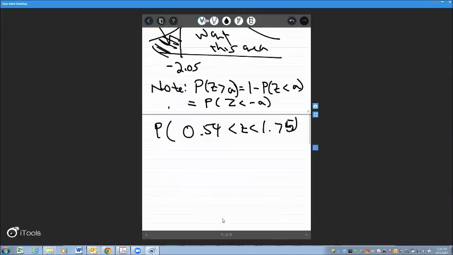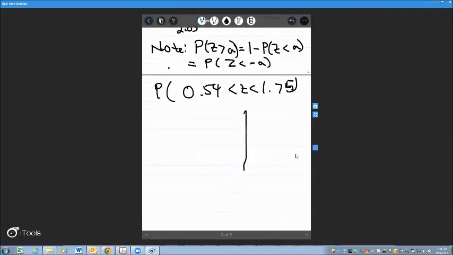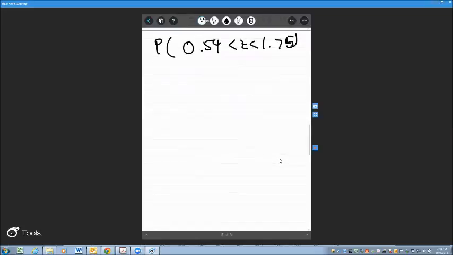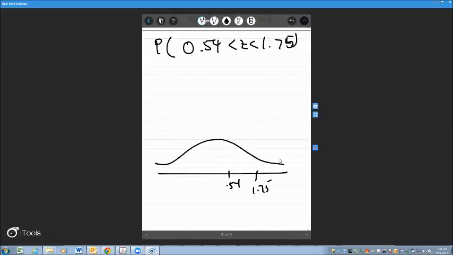So now let's look at some problems with in between. Going in between, notice that would be 0.54 and 1.75. I want the area between those two.